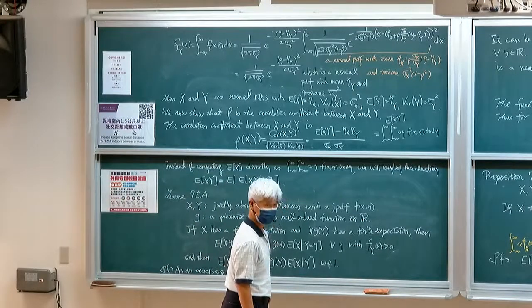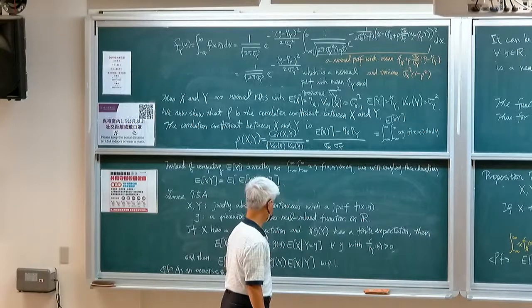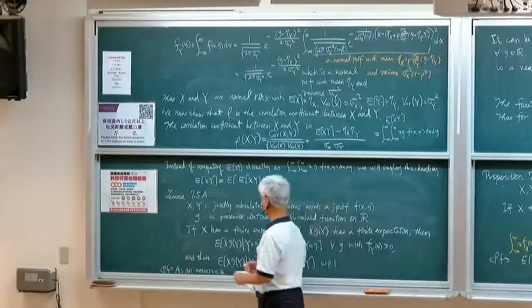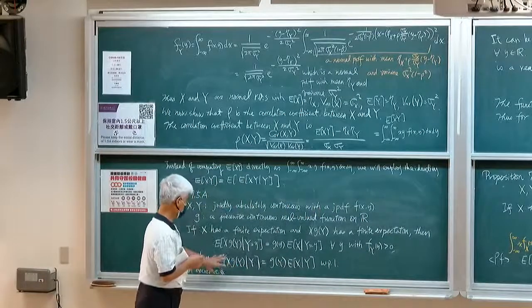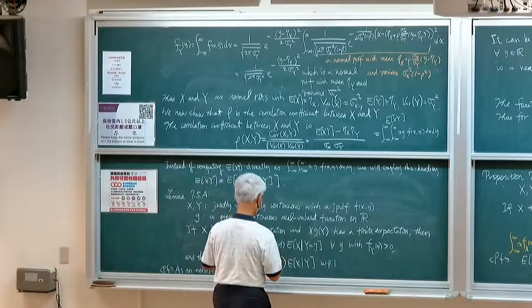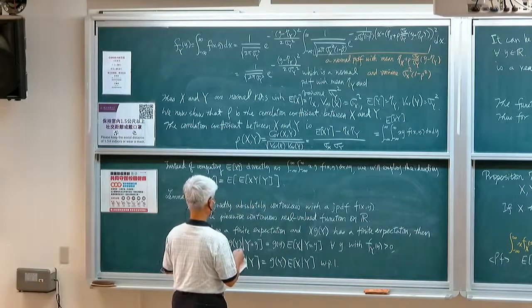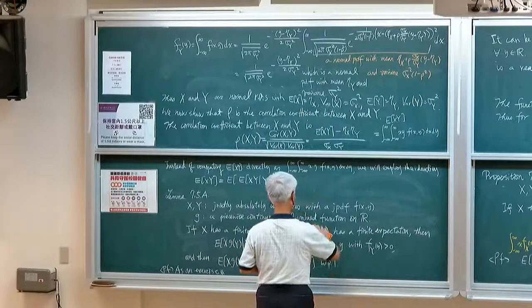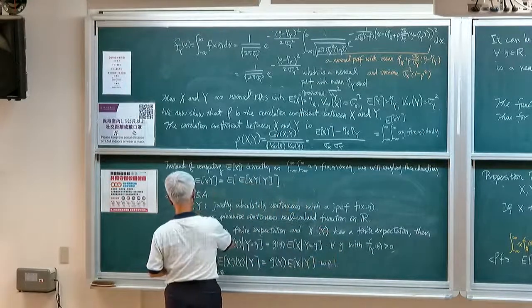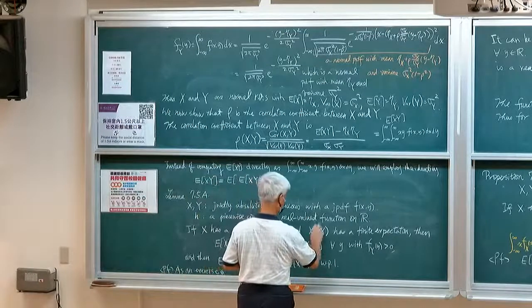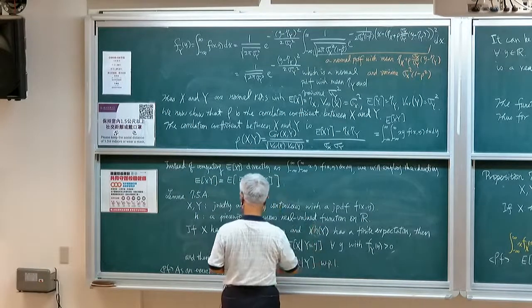Equal to 0. Oh, okay. Because this one is a function. Maybe g is not a good symbol. Probably don't use g, otherwise you are confused. h. Okay.